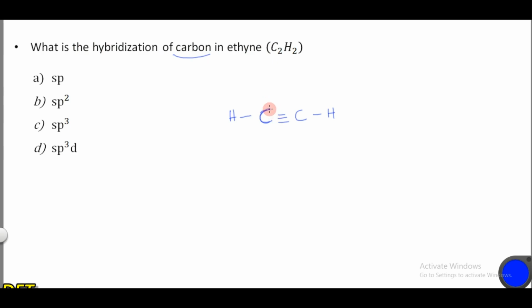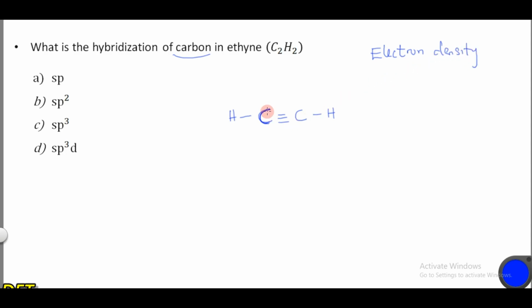So if I take this carbon, I would have to look for the region of electron density around this carbon. Remember, hybridization depends on what? The electron density. The hybridization of an atom depends on the electron density around that atom.